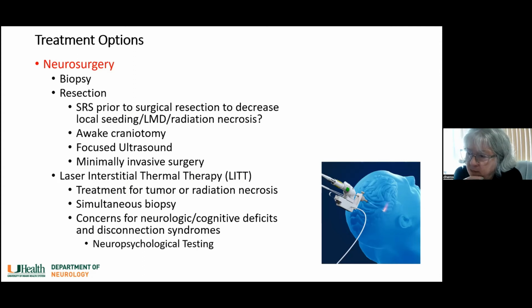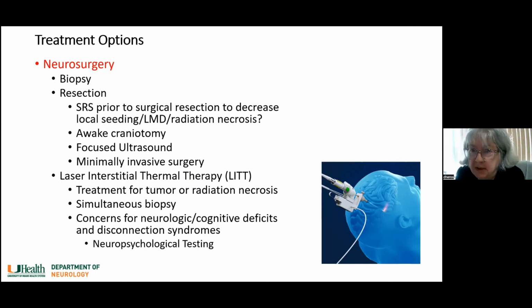It's helpful for ablating the tumor or radiation necrosis, and that makes it a particularly effective treatment option, because oftentimes we don't know, without doing a biopsy, whether it's recurrent tumor or radiation necrosis, or a high probability of being a combination.